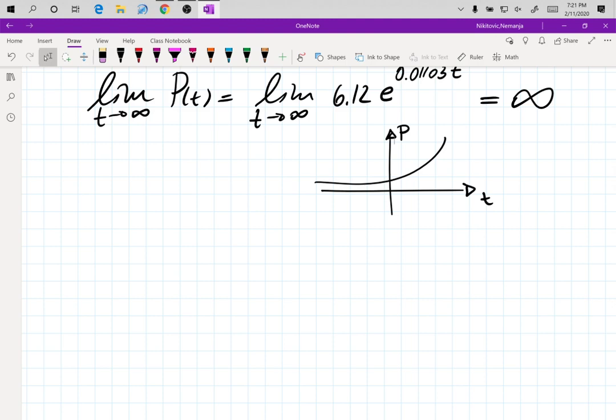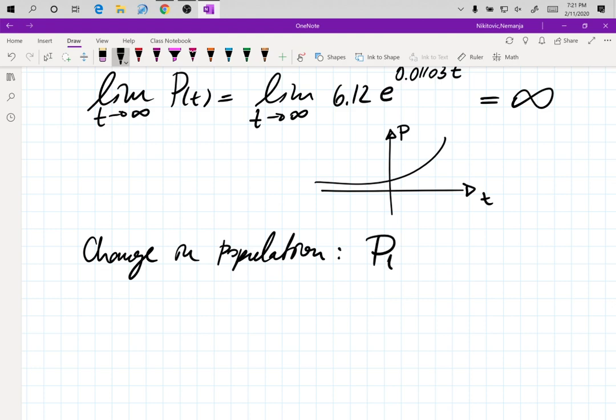So those cancel out, and then it's just the difference. To find the change in population, what do you have to do? Well, word change. Derivative. So change in population is given by P of t prime.